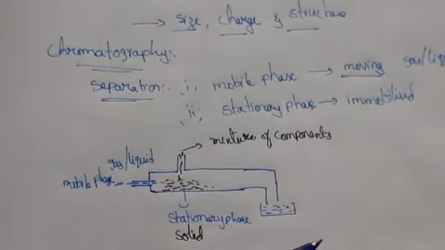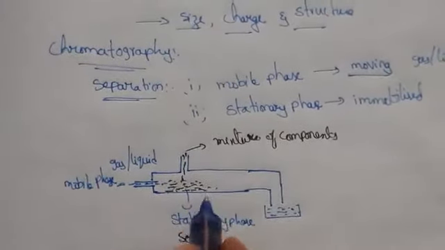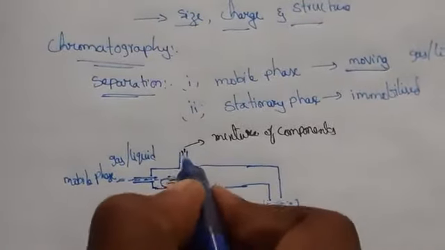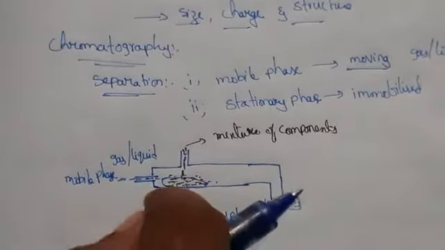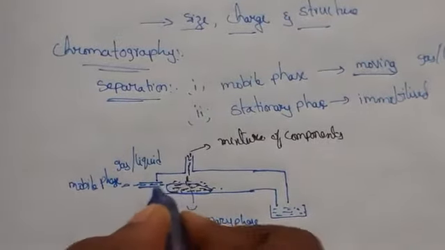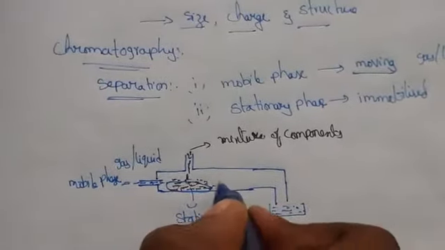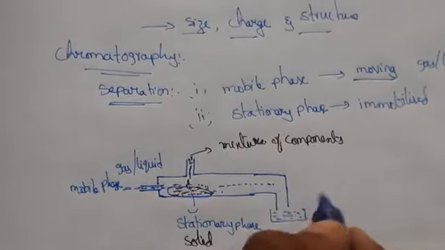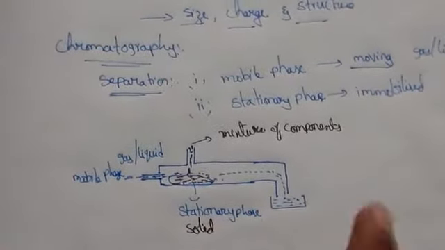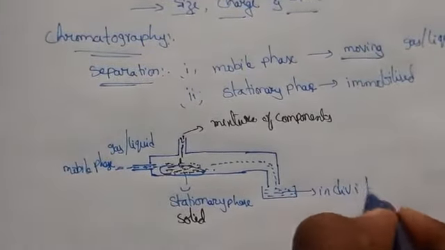Through the mobile phase, the mixture of components passes to the detector, and then it separates into individual components.